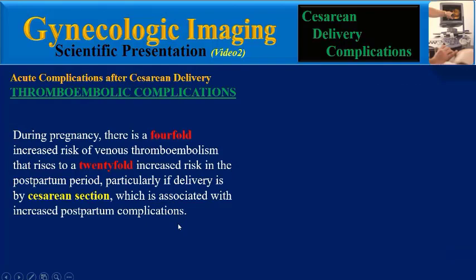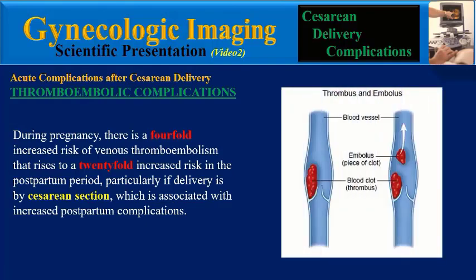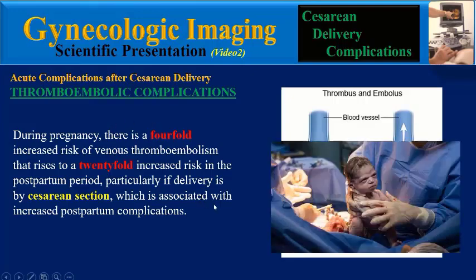During pregnancy, there is a fourfold increased risk of venous thromboembolism that rises to a 20-fold increased risk in the postpartum period, particularly if delivery is by cesarean section, which is associated with increased postpartum complications.